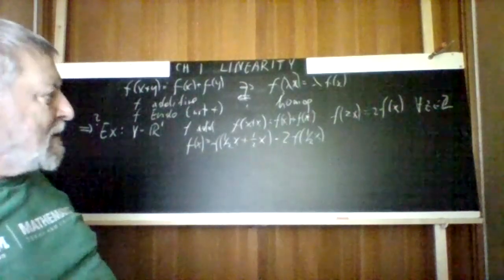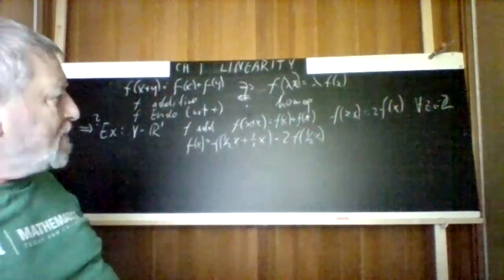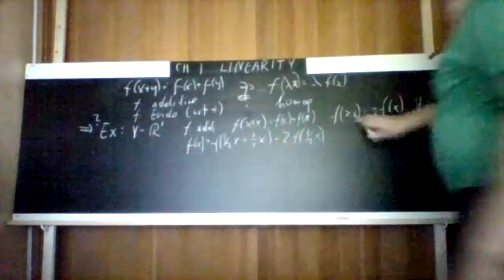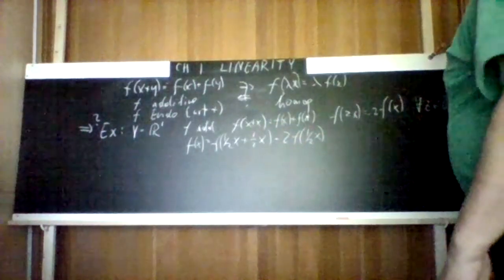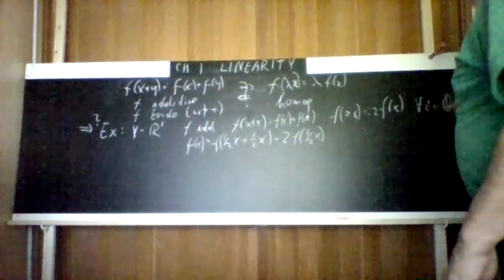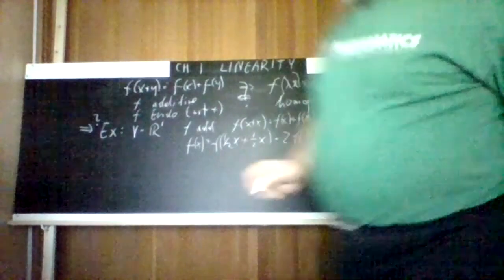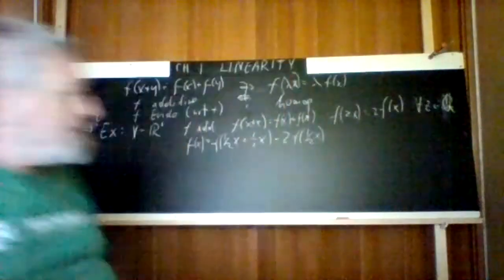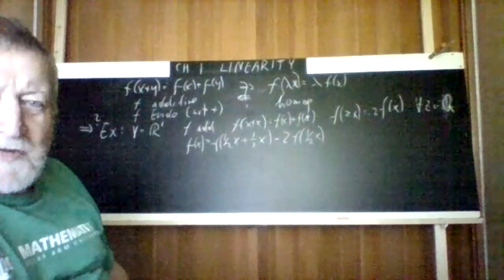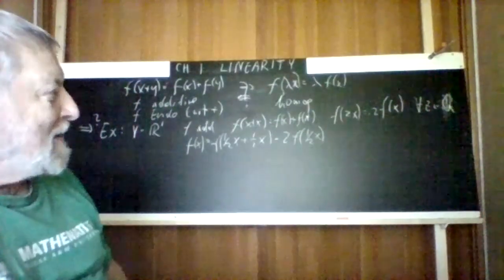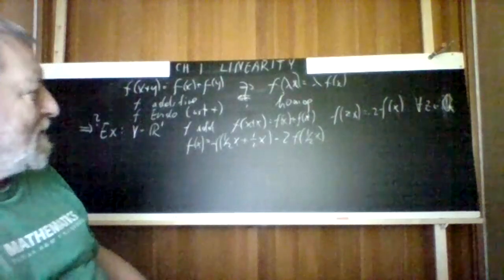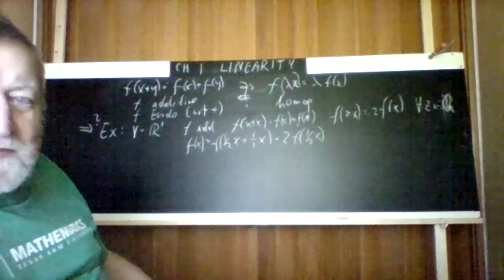And so we can even improve this, what we had here: that this holds for all z in the rational numbers. Now this is pretty interesting because for infinitely many numbers, we can say that f of lambda x is lambda f of x.